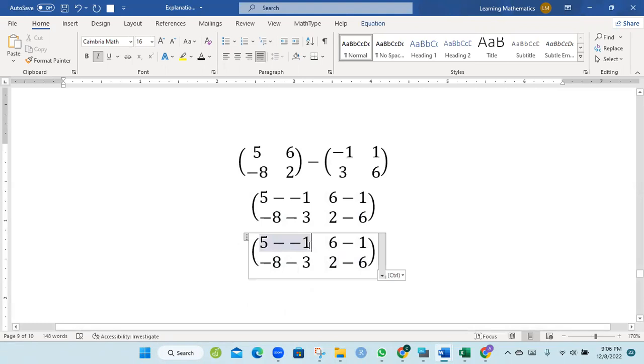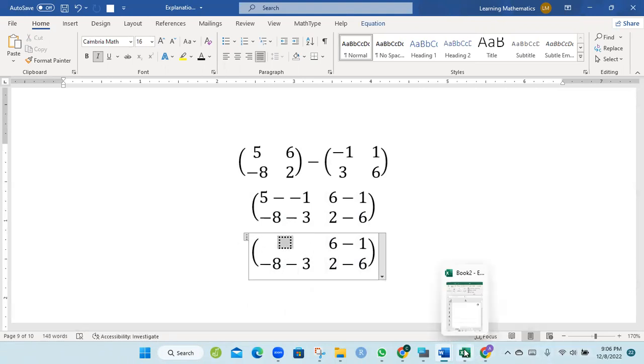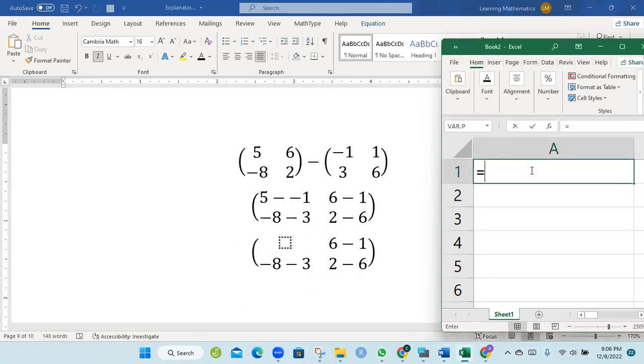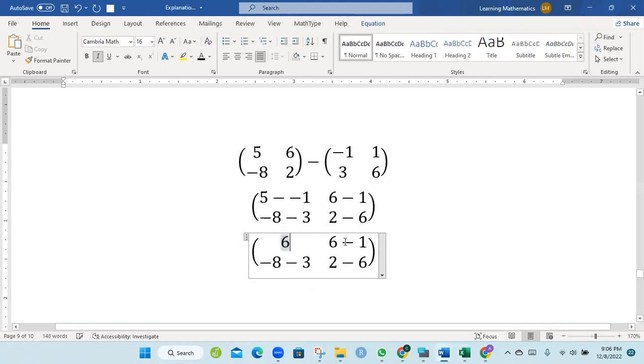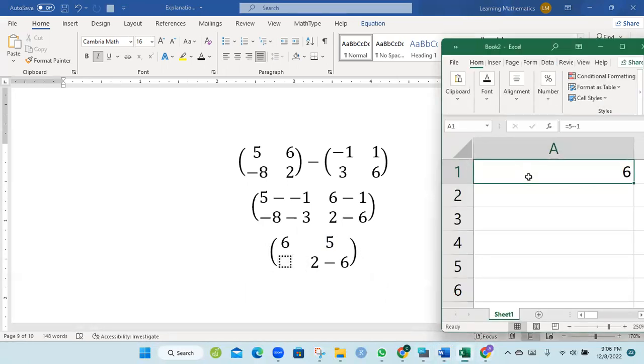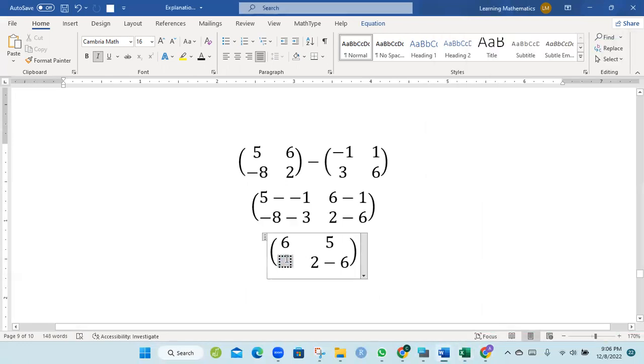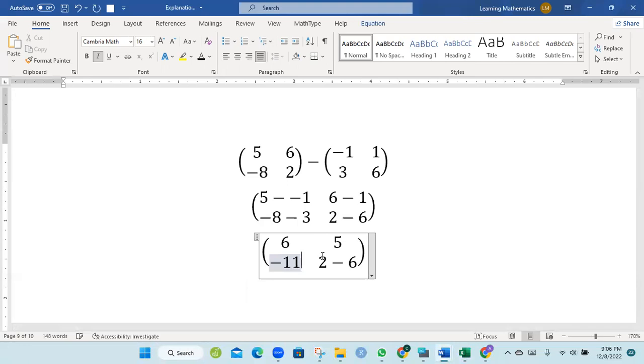So 5 subtract a -1 will give us 6. 6 subtract 1 is 5. -8 subtract 3 should give us -11. A negative and a negative is a negative. And 2 subtract 6 should give us -4.